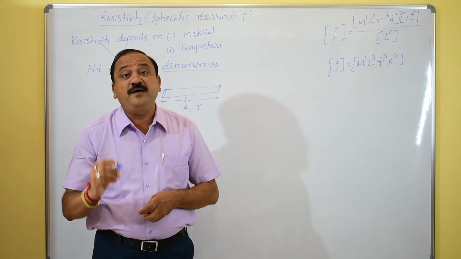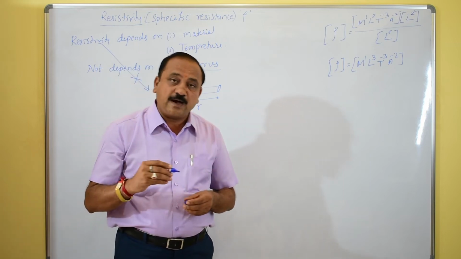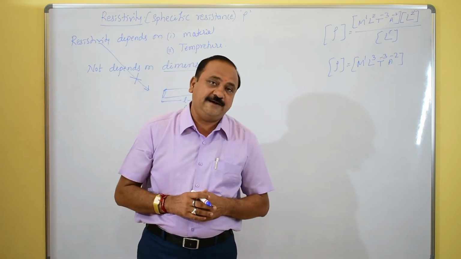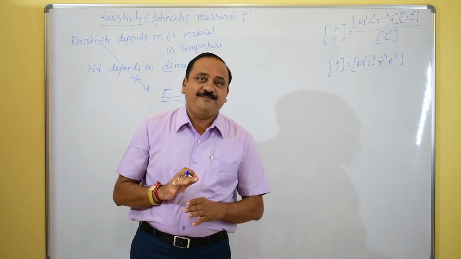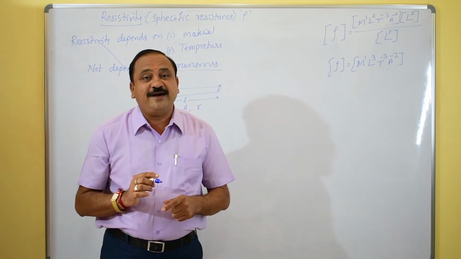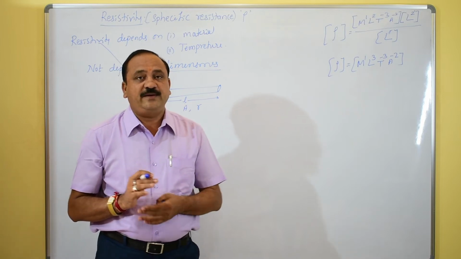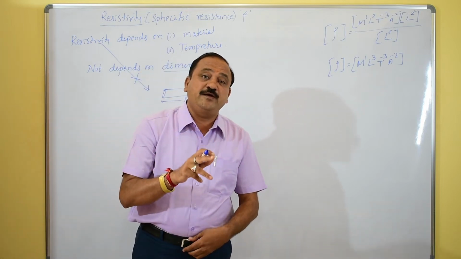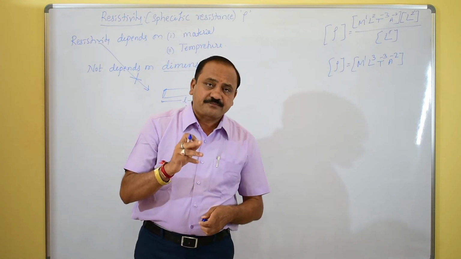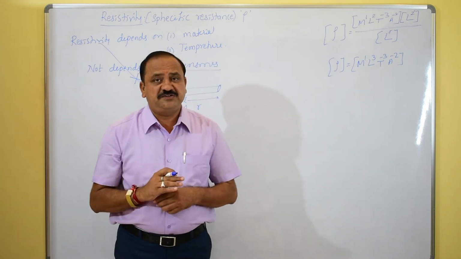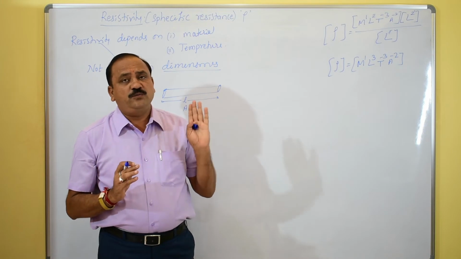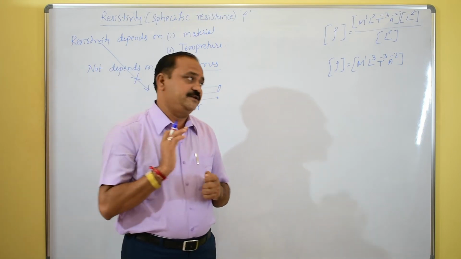Resistivity is a property of the material which opposes the flow of electric current. The resistivity depends on the material which we use, and also the temperature. It does not depend on the dimensions. So that is what we need to know about resistivity.